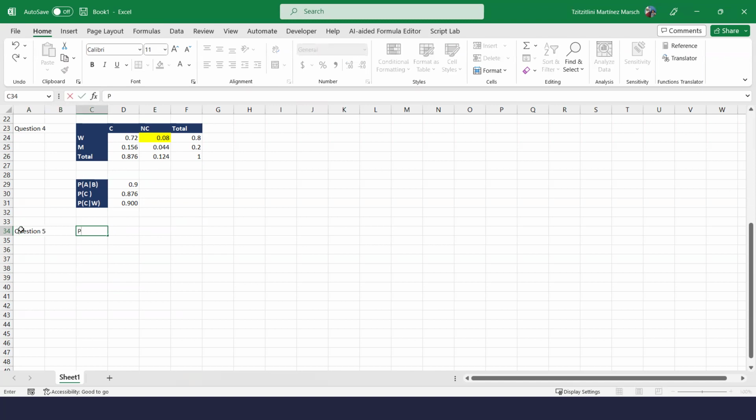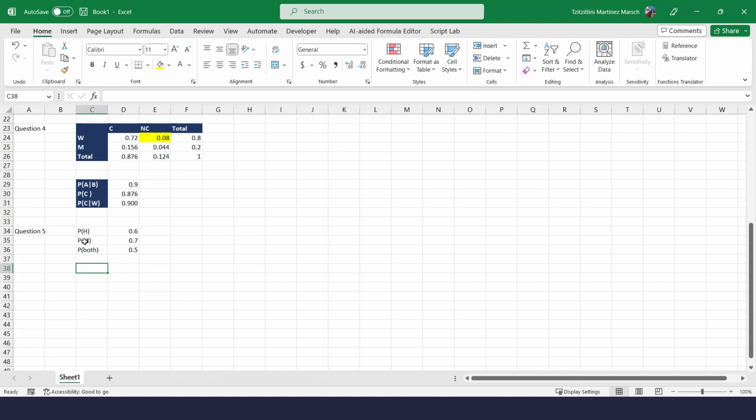The probability of history, the probability of math, and the probability of both, that's the intersect. The probability of history is 0.6, of passing math is 0.7, of passing both is 0.5.